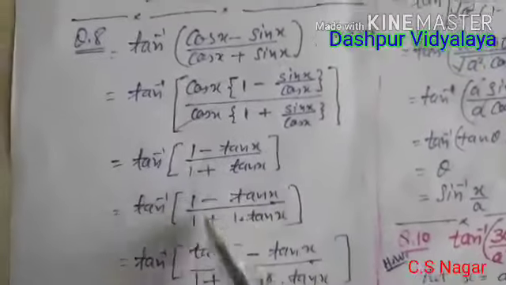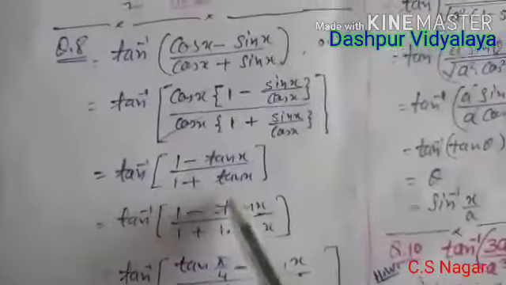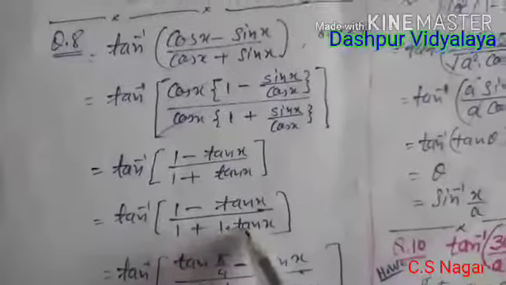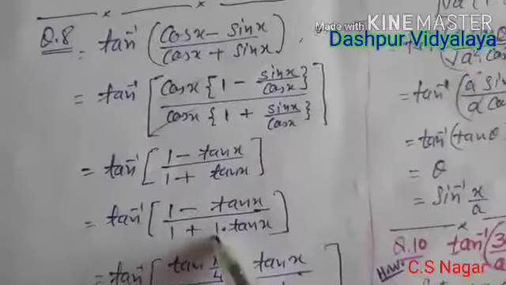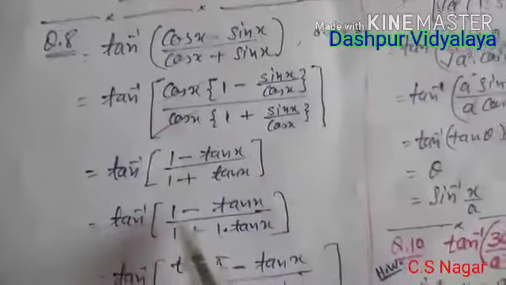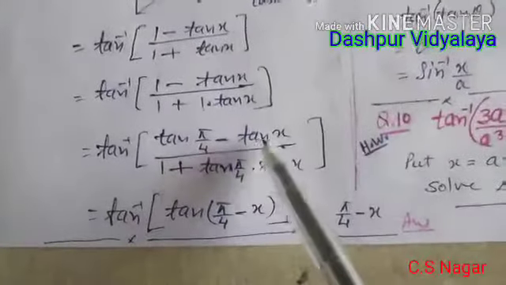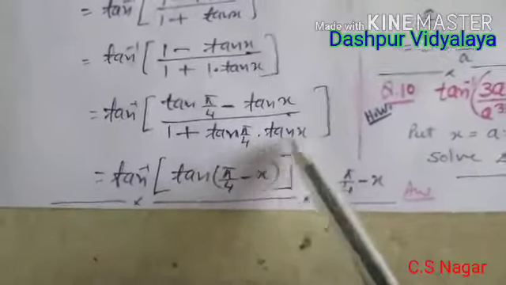Now in the denominator 1 plus tan x, write 1 into tan x, and in place of this 1 write tan 45 degree, here and also in the numerator. So tan pi by 4 minus tan x upon 1 plus tan pi by 4 into tan x.